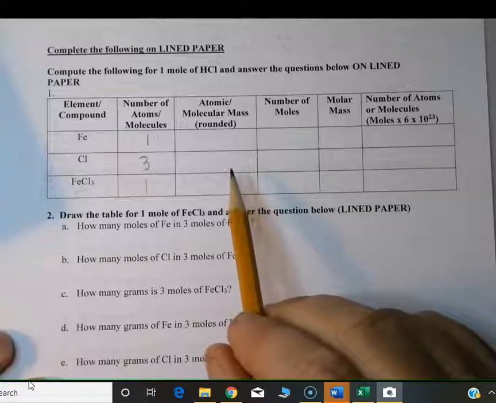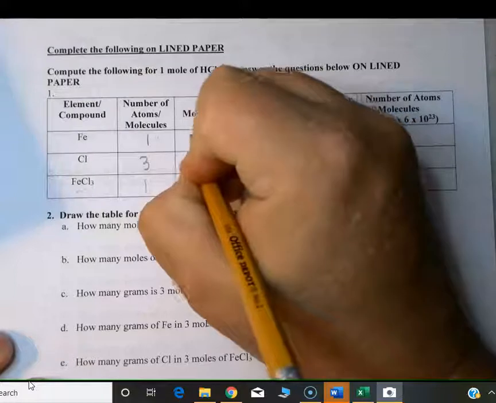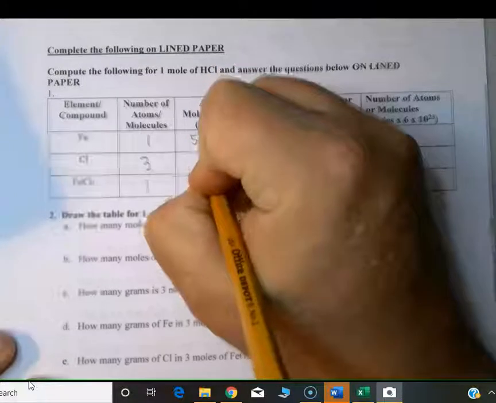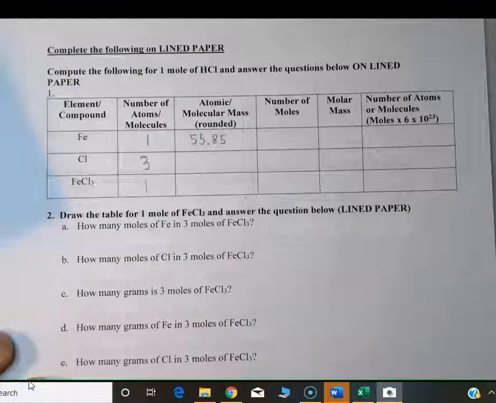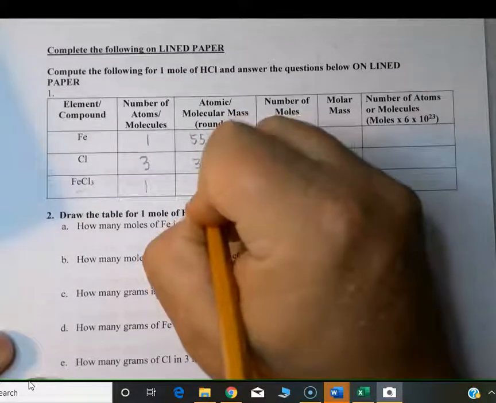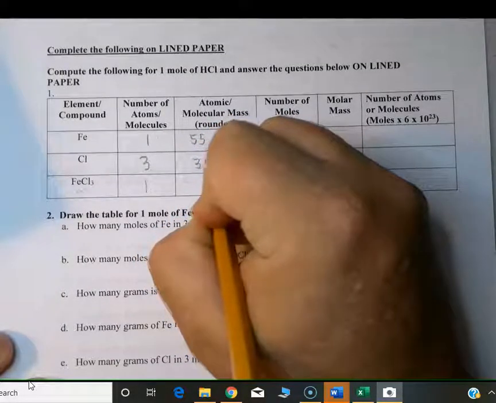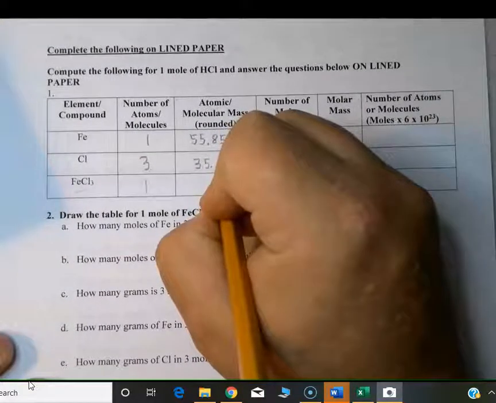So we go to our periodic table, and I'm using a different periodic table, so I'm assuming my rounding is going to be what yours is showing. If it's not, go ahead and use what yours shows. Chlorine, mine's going to 5 significant figures here, and it's 35.453.